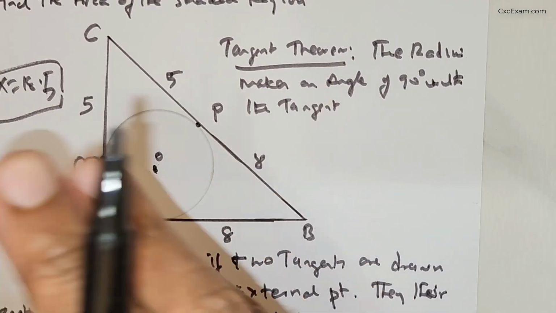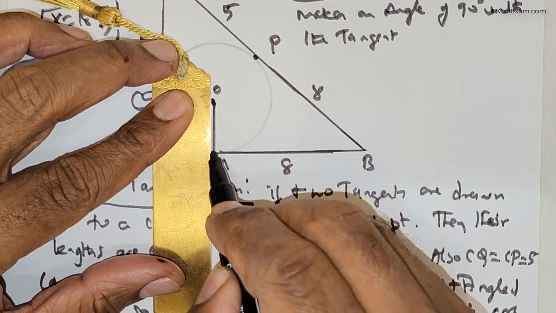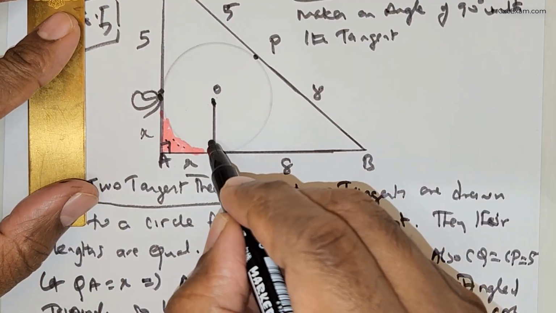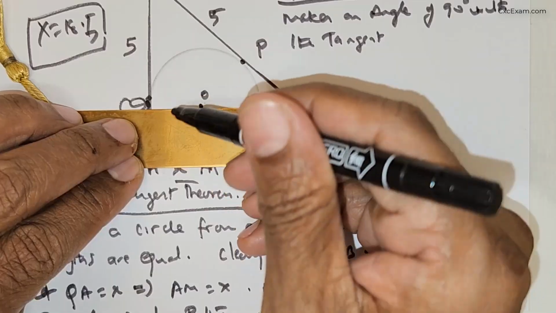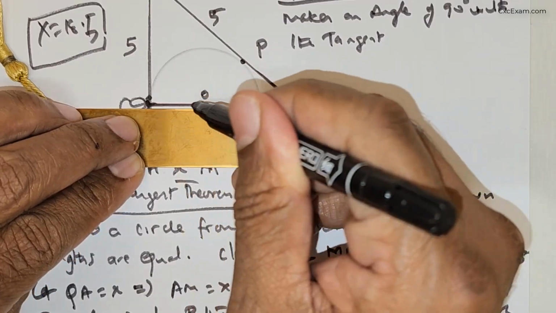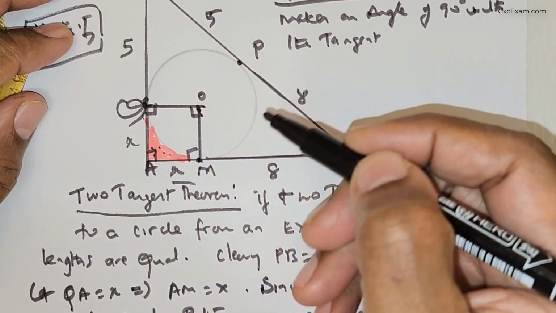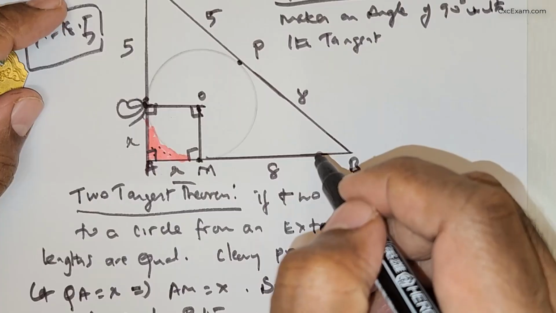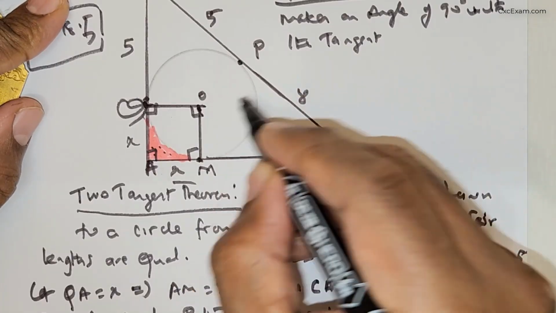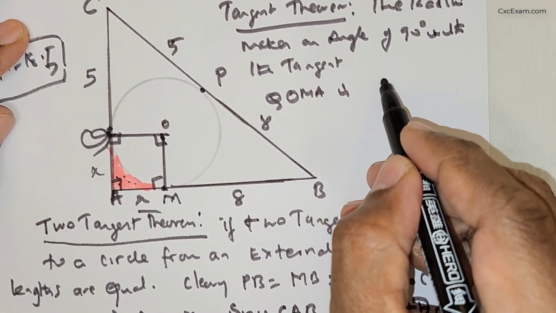So if you were to draw the radius, this radius with the tangent is 90 degrees. There's also a tangent here. I can draw that. This will also be 90 degrees. Now this is already a 90 degree, this is already a 90 degree. So we have a square here. QOMA is a square.